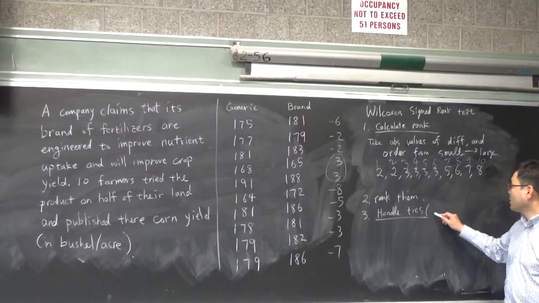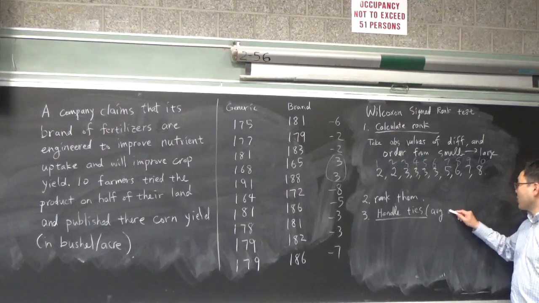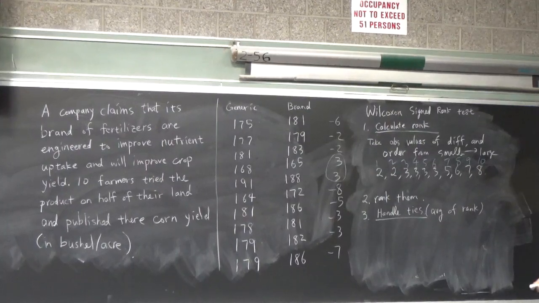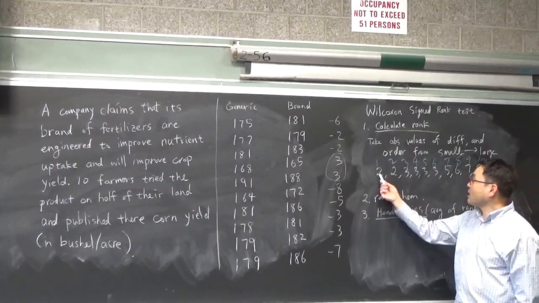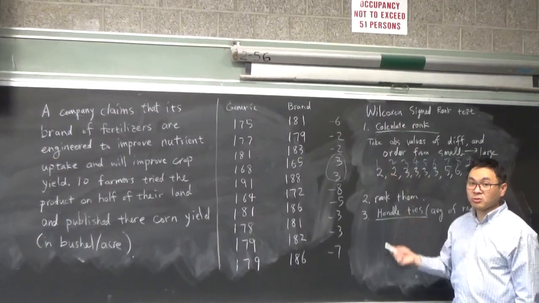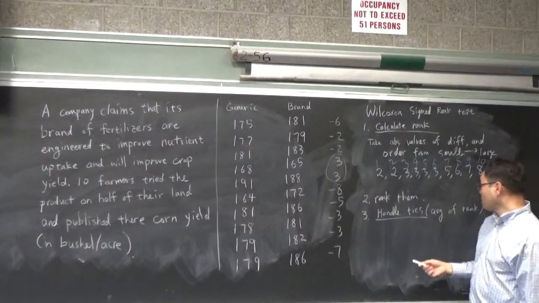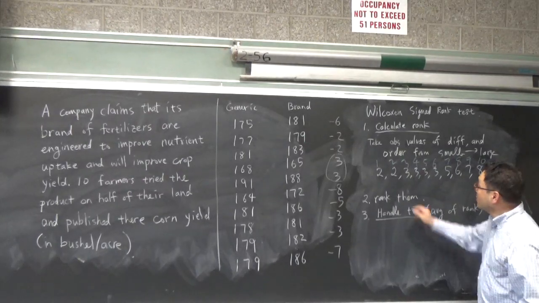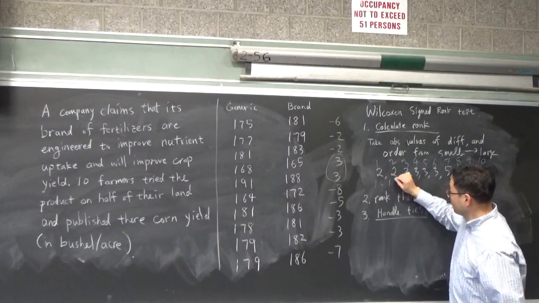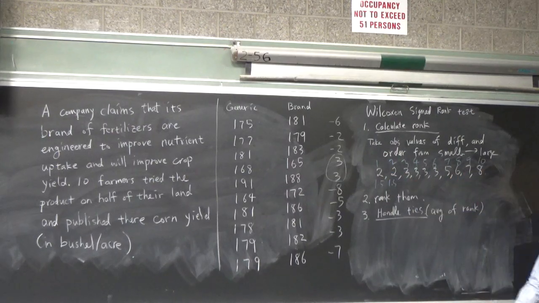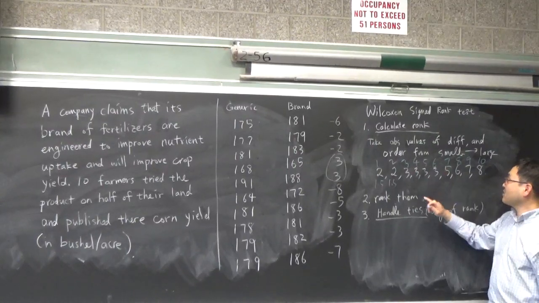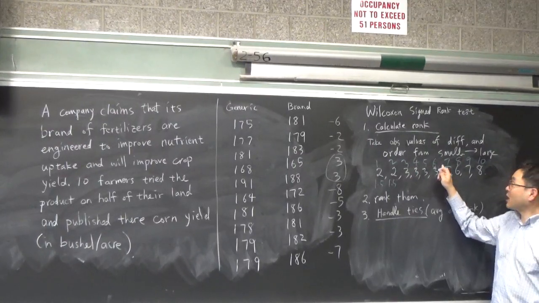So we take the average of the rank numbers whenever there's a tie. Here we assign rank 1 and rank 2. What's the average of 1 and 2? 1.5. So instead of 1 and 2, the new rank will be 1.5 and 1.5. And then 3, 4, 5, 6 have the same number, so we have a tie here.